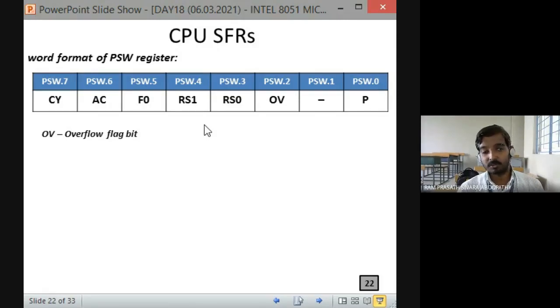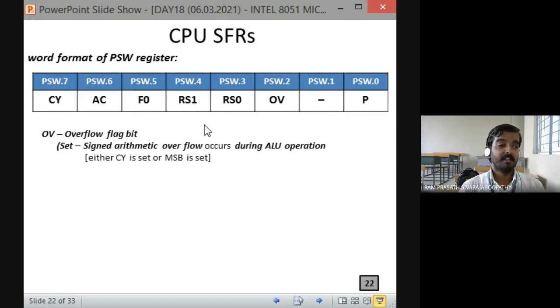Generally overflow is used for signed arithmetic operations. During signed arithmetic, overflow occurs during the ALU operation. So what do we say overflow is? Either carry should be set or the MSB should be reset. Kindly note down the condition. It is like an XOR operation: XOR of the carry and the MSB bit of your result.